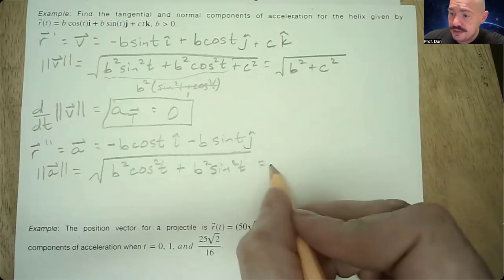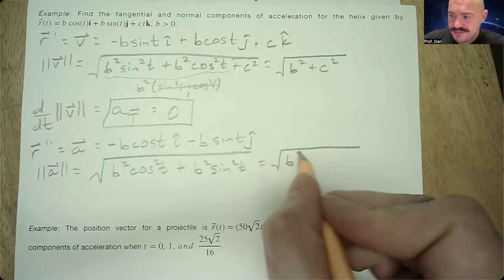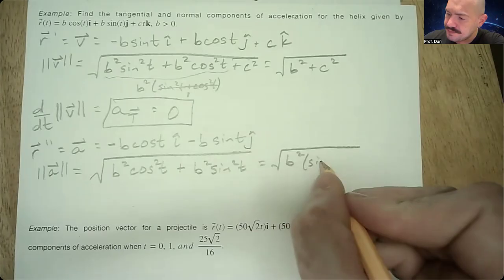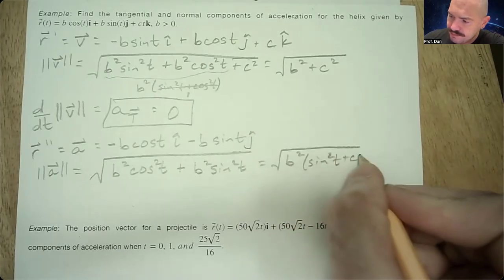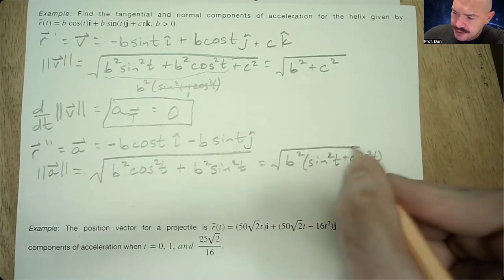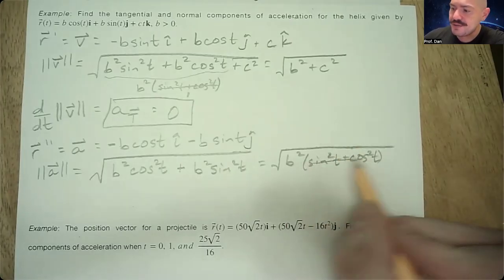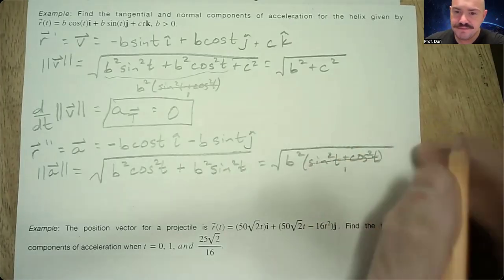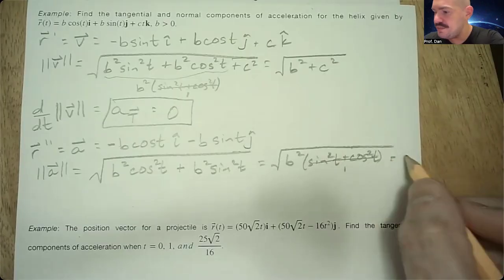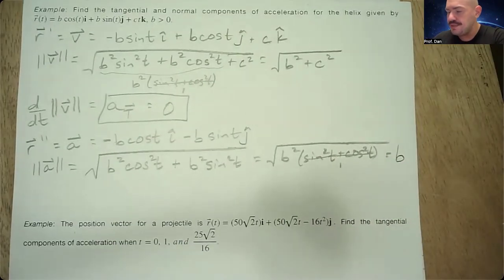And guess what, y'all? We can factor b squared out. And guess what, y'all? Sine squared t plus cosine squared t is 1, which means that b on its own is the magnitude of the acceleration vector.